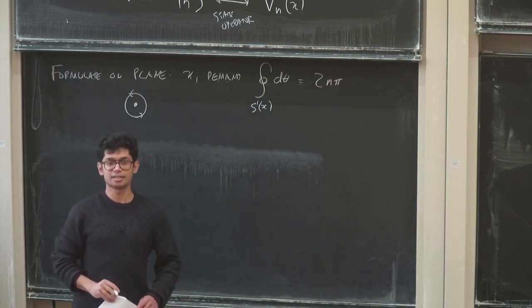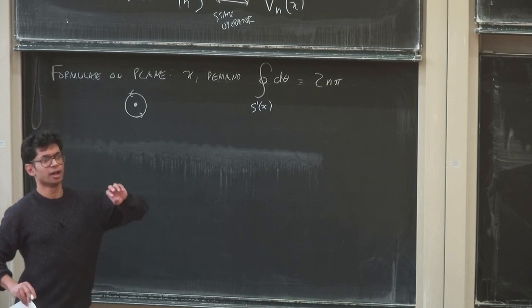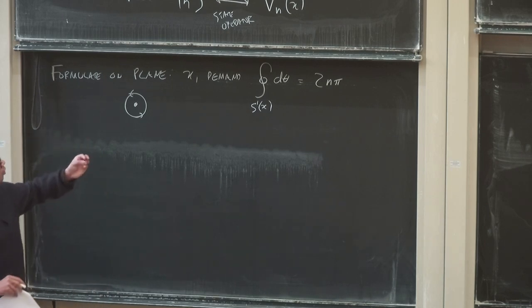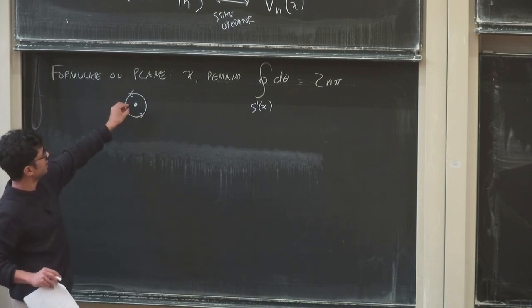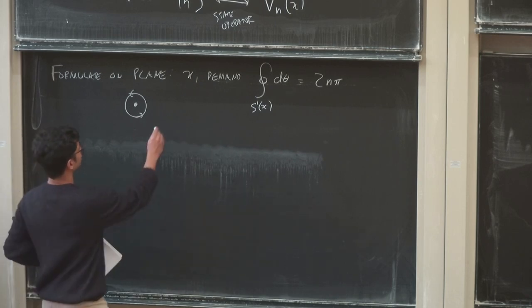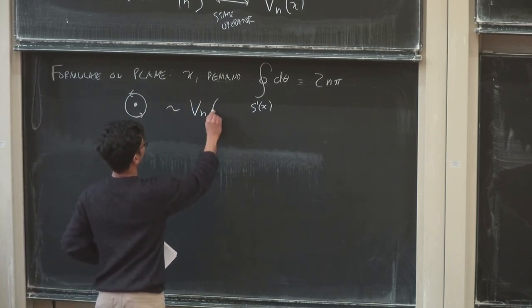This is another way to define this operator. I say in my path integral, always demand that the field theta wind around by some integer number of times. That defines some sort of local disturbance on the plane. That local disturbance is what we would call V n of x.